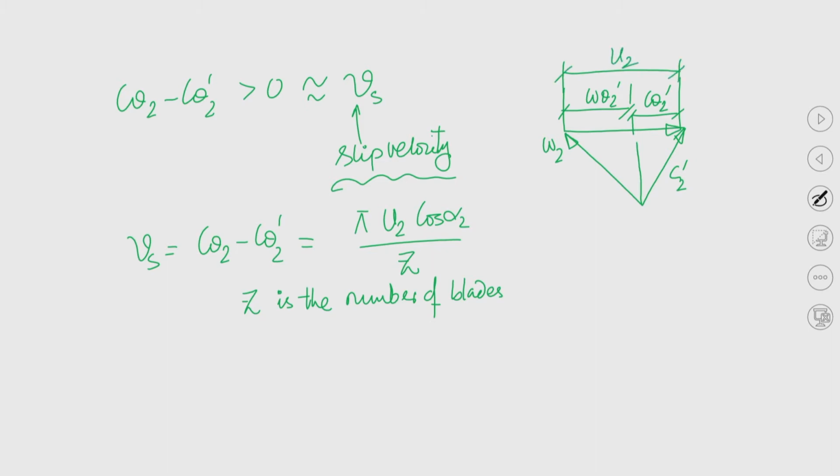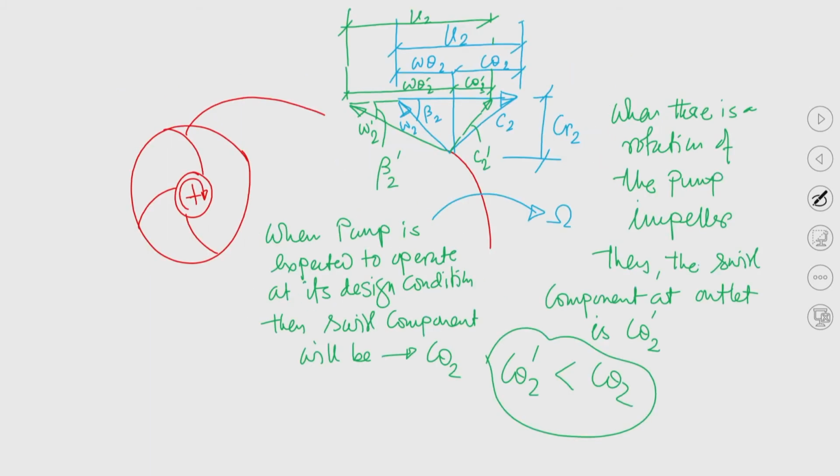This angle is alpha 2 dash. If I try to write using this color, this angle is alpha 2, right.